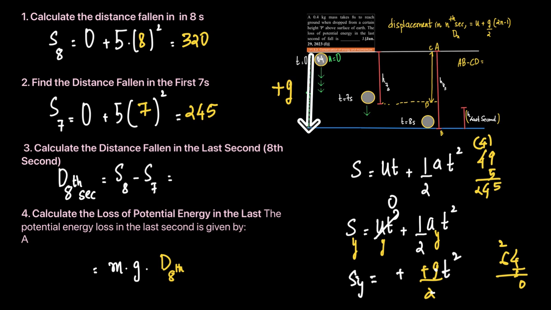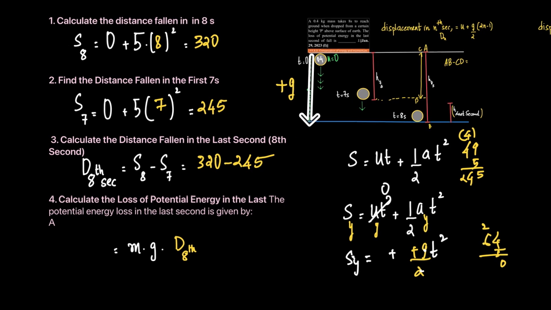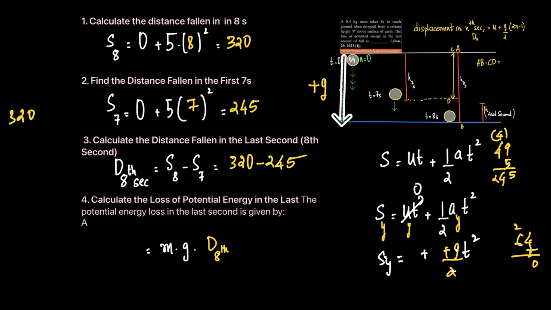Now, what is the distance fallen in the last second? It will be the distance traveled in 8 seconds minus the distance traveled in 7 seconds, which is equal to 320 minus 245, which is 75 meters.